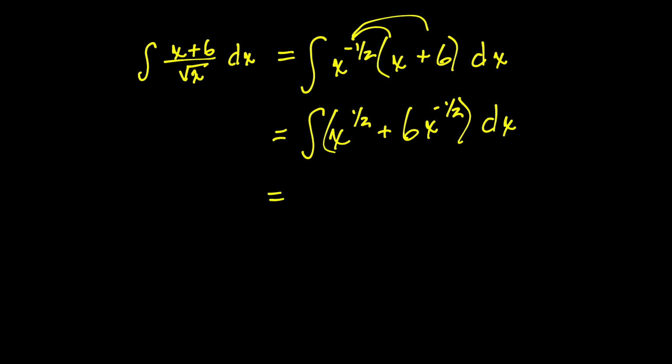Now I'm going to go through term by term. Looking at the first term, 1 more than 1/2 is 3/2. So x to the 3/2. If I divide the old coefficient of 1 by 3/2, I get a new coefficient of 2/3, and we can check this. What's 3/2 times 2/3? Well, it's 1. Then go to the next term. I'm not going to put a sign in yet, but I am going to write x to the positive 1/2, because 1/2 is 1 more than negative 1/2.